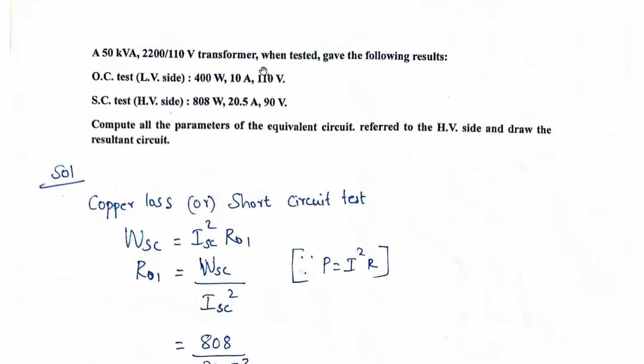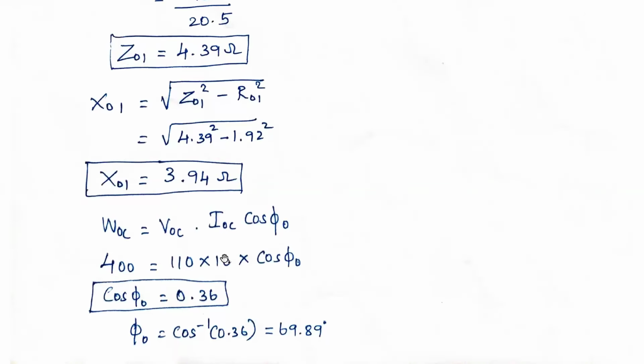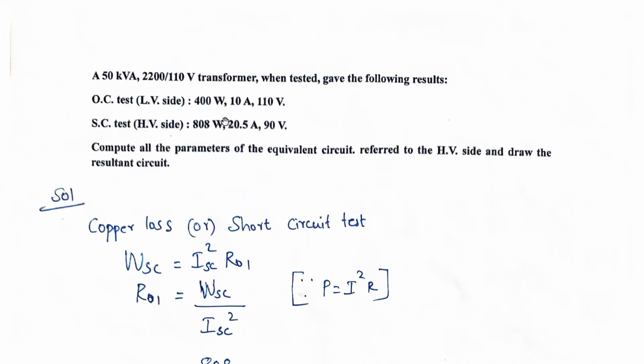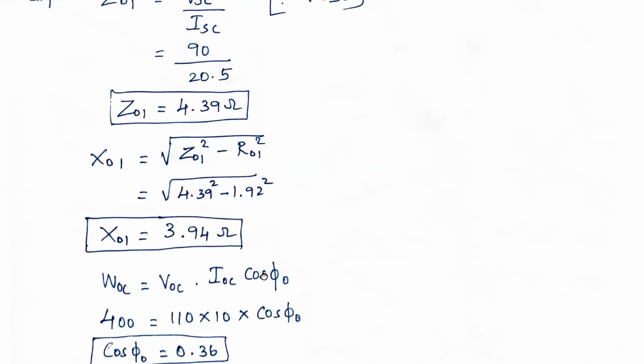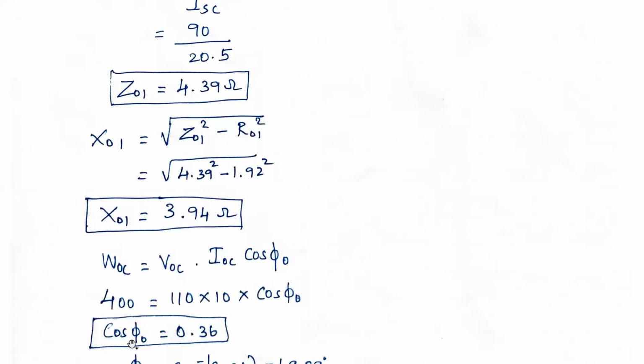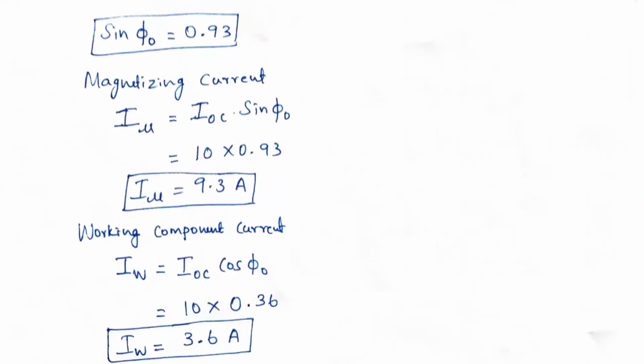So cos phi naught is equal to 0.36. So phi naught is equal to cos inverse of 0.36, which is 69.89 degrees. Now we also find sin phi naught, which we got as 0.93.